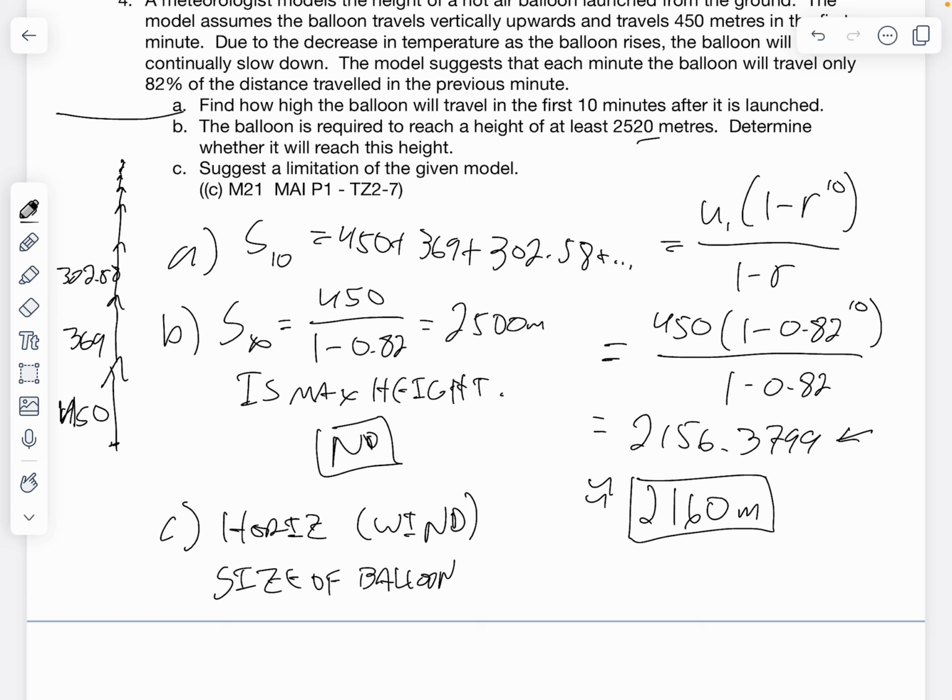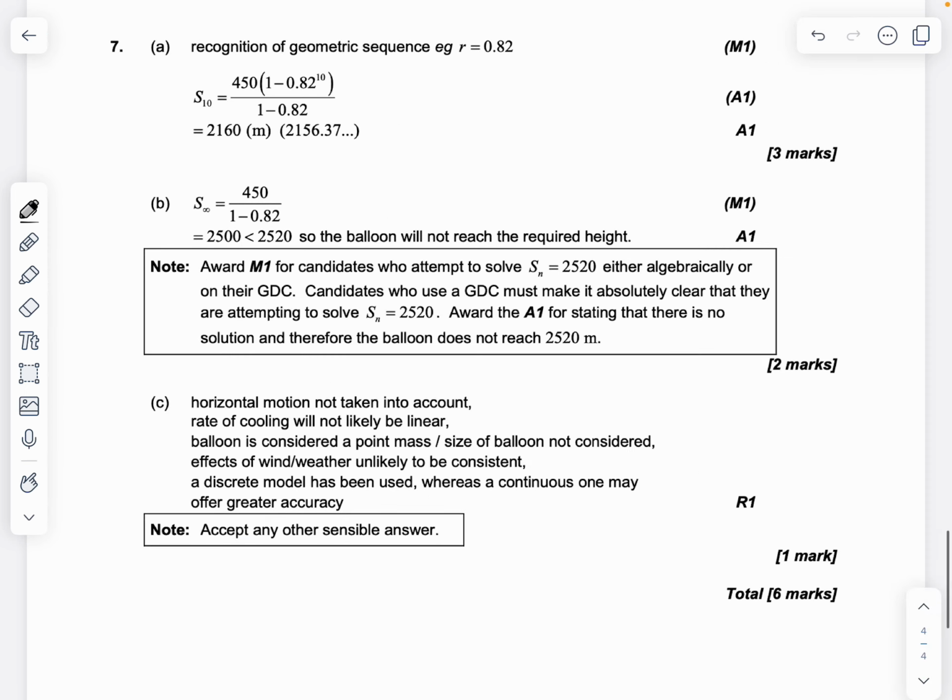As you get higher, I don't think that the cooling will be even. So that could be something you could mention: the cooling isn't even. Maybe you could argue a bird might pop the balloon. I don't know. You can really say whatever you want to these. As long as there's any kind of a valid thing that you give, it doesn't matter. And that's actually what they say down here.